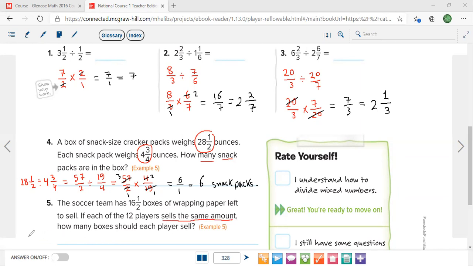So it's like 16 and a half divided by 12. 12 is like 12 over 1. So 16 and a half, multiply, then add. This will give you 33 over 2. Division will be multiplication. 12 over 1 will be 1 over 12.